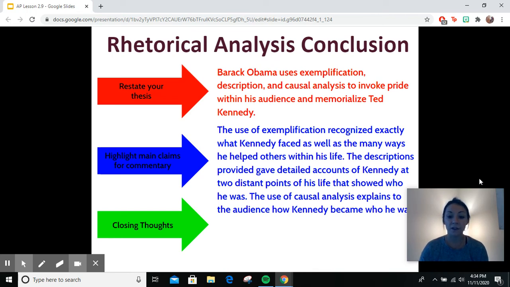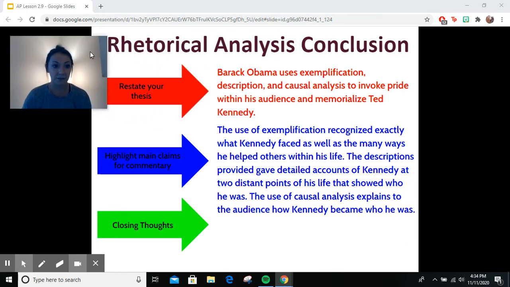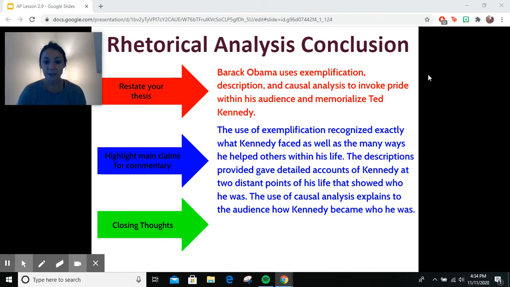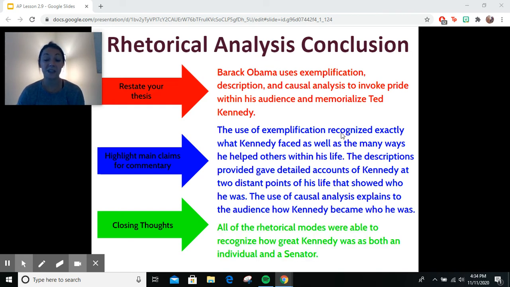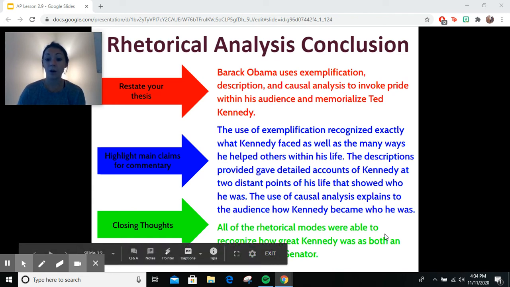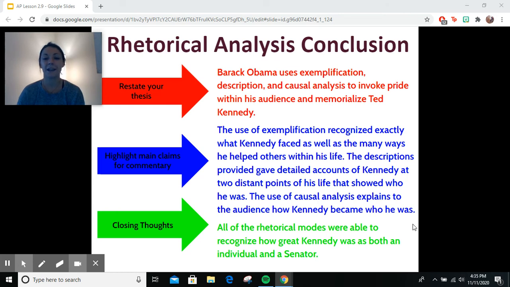The use of causal analysis, "I'm going to move me," explains to the audience how Kennedy became who he was." So again, you're just highlighting the main ideas, the main claims that you wrote in your essay. And then finally, just a sentence for closing your thoughts. "All of the rhetorical modes were able to recognize how great Kennedy was as both an individual and a senator."